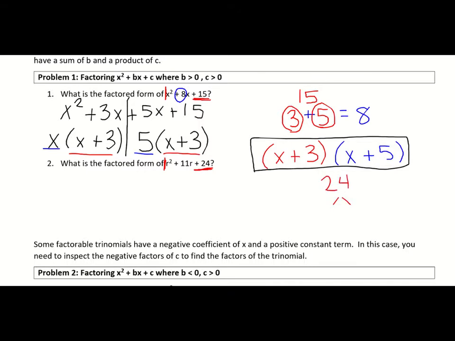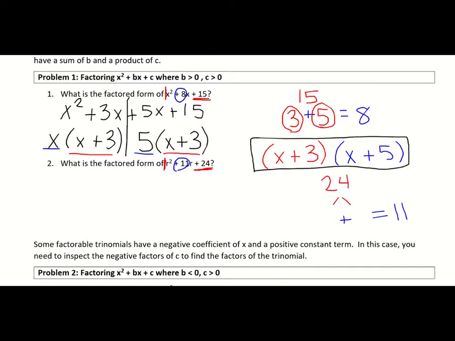I need to think of two numbers that multiply to 24 that also add to the middle number, which in this case is 11. So two numbers that multiply to 24 but add to 11.